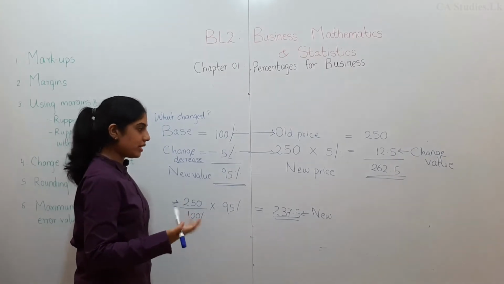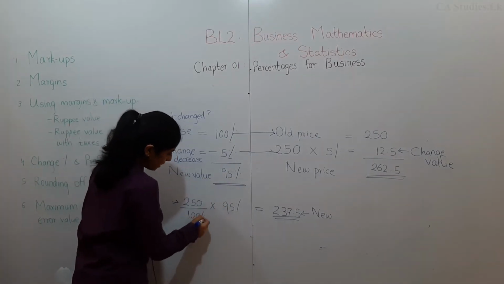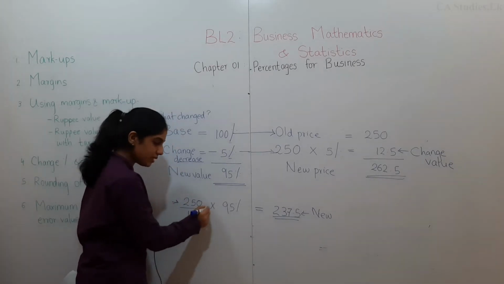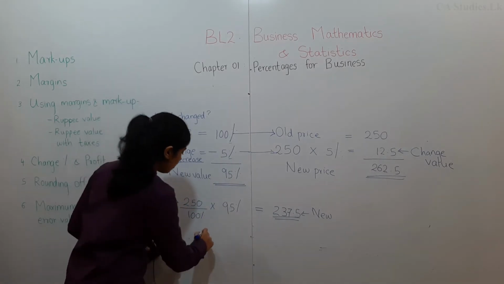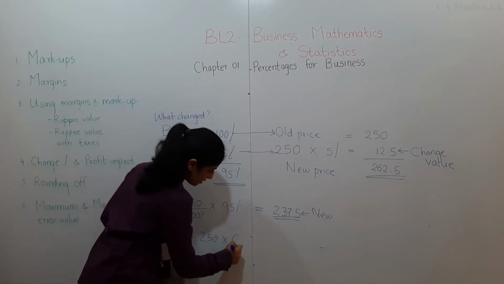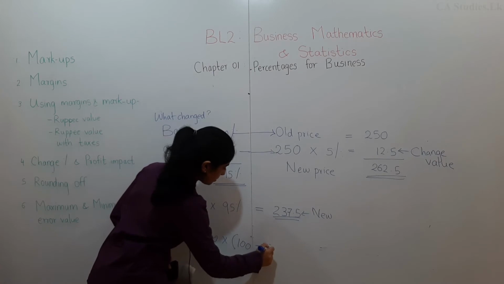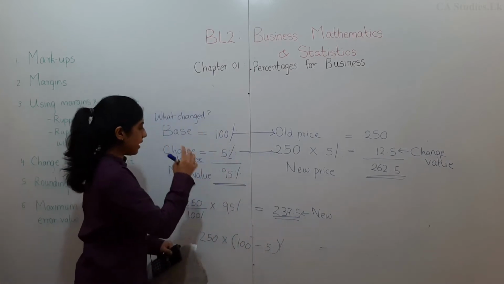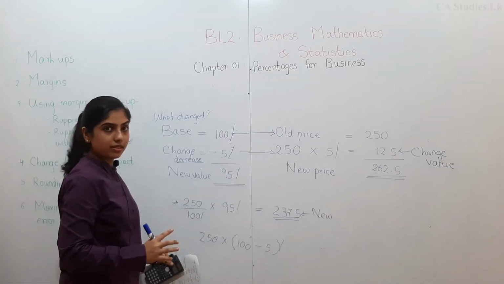Therefore you need not divide, because 100% means 100 divided by 100, which is equal to 1. So straight away in your calculator you can take 250 multiplied by 95%. You can learn it like this: 100 minus 5%, straight. You don't have to write this out when you practice.